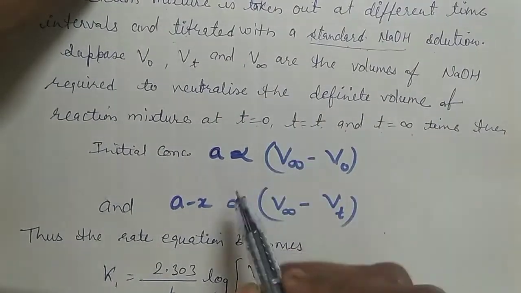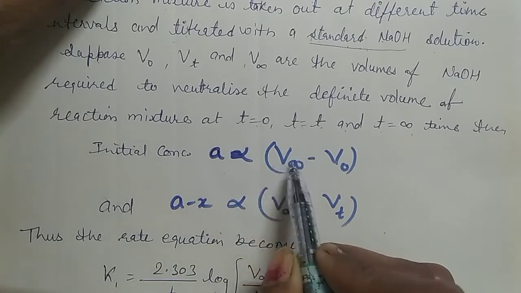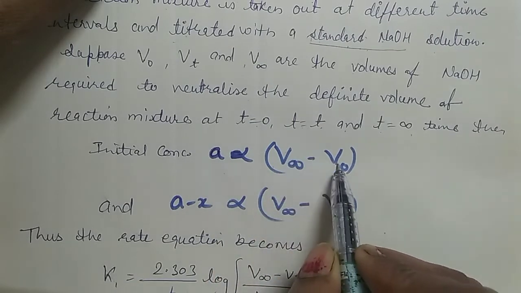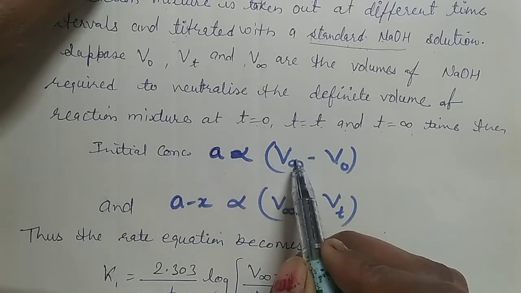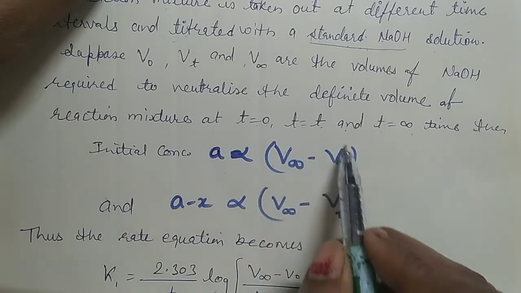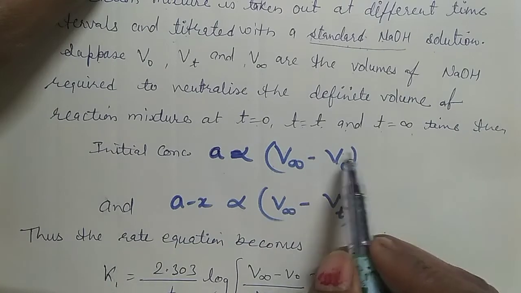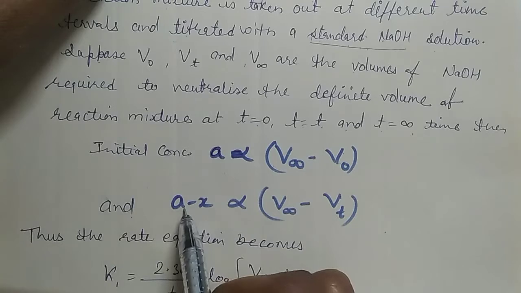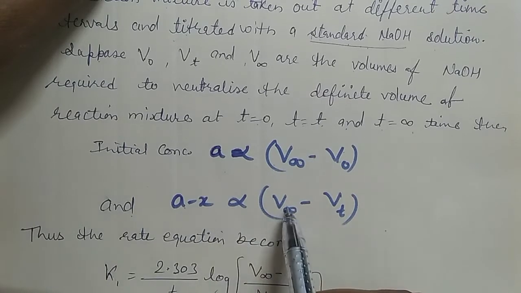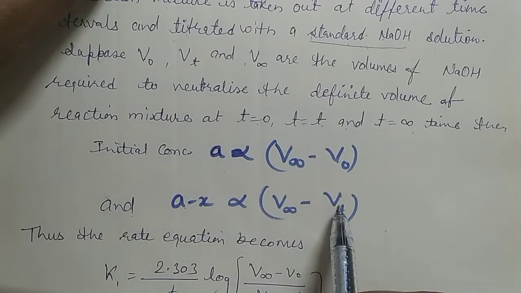So their initial concentration A will be taken as V infinity minus V0. V infinity means the total volume of acetic acid plus HCl, and V0 means only HCl, so we can subtract it, and A minus X is directly proportional to V infinity minus Vt.